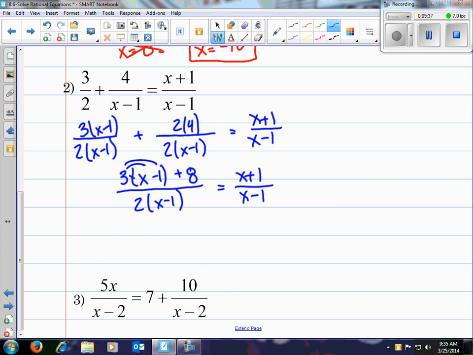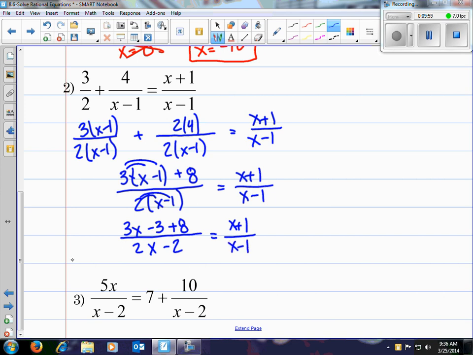So now I have 3x minus 3 plus 8 over 2, and I'm going to go ahead and distribute this too, just so that it's easier later. So I have 2x minus 2. You didn't have to distribute then, you could have waited till later, but I just decided to do it. So I have x plus 1 over x minus 1.